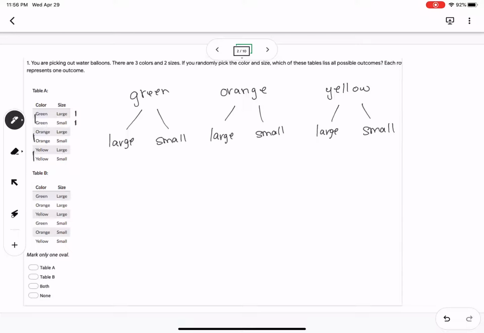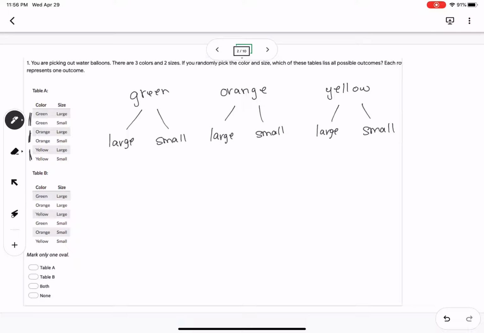So the way I just listed it there is using the colors, okay? So if we use those colors and we look over at the side, we can see that table A has both green large and green small there, has orange large and orange small, and yellow large and yellow small.